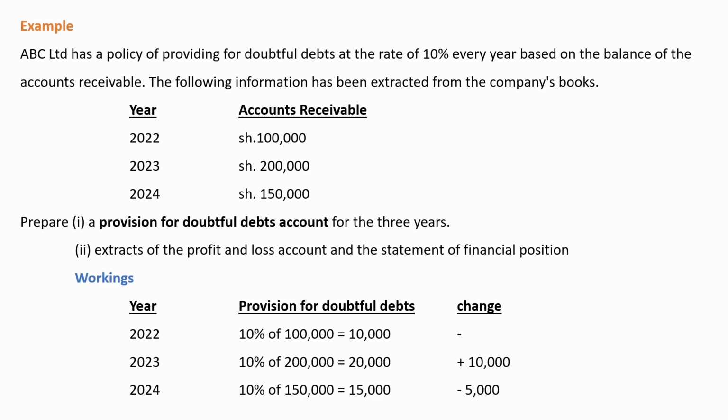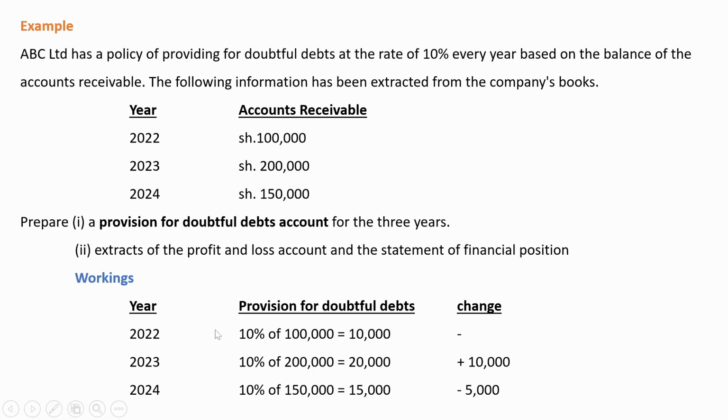Before we start preparing those 3 accounts, we are supposed to start with doing some workings. And these are the workings for the 3 years. So remember, we were told that the policy of the business is to provide for doubtful debts at the rate of 10% every year.